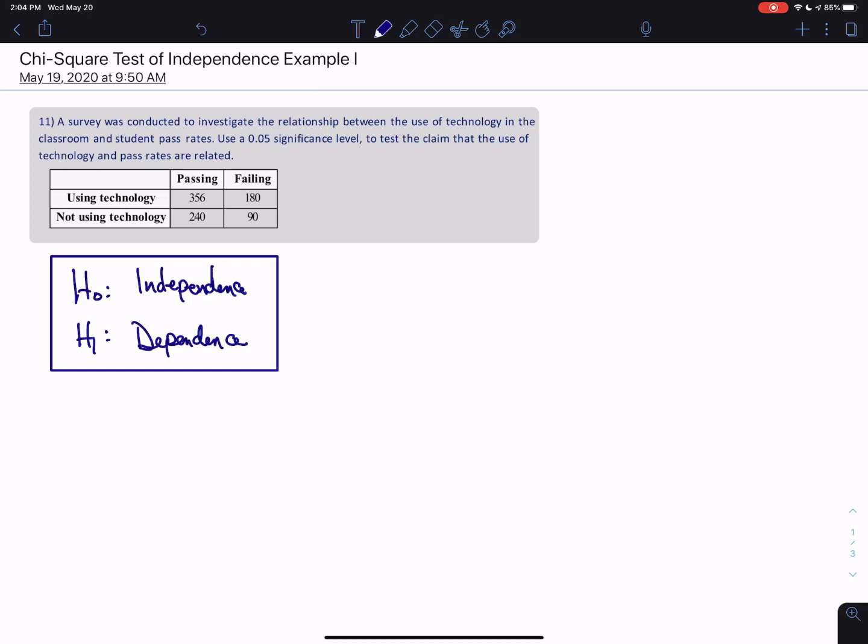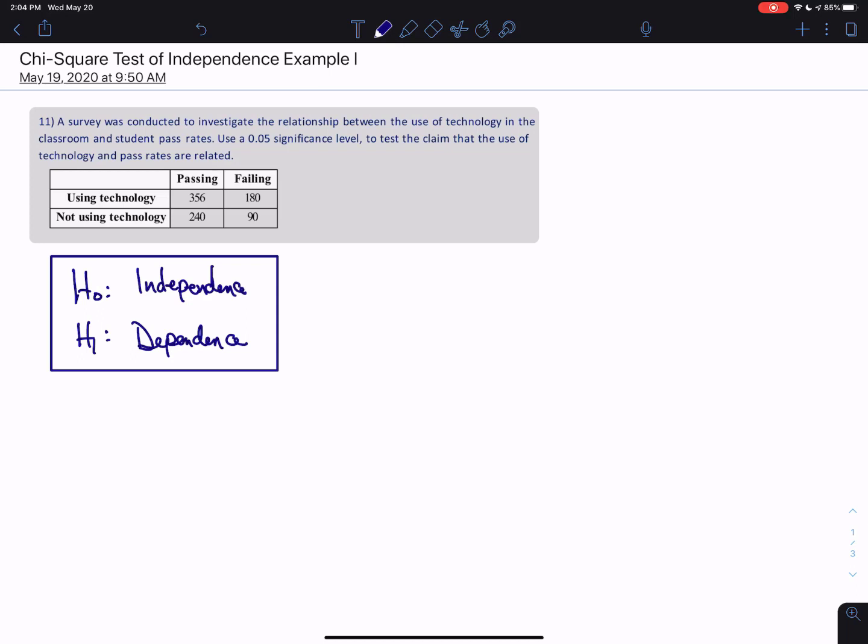Now, from my personal opinion, looking at technology, not use of technology, passing, failing, at this point I kind of realize I could predict that I'm going to have to reject the null hypothesis. First of all, this is a dependence-independence problem, because it's testing the claim that the use of technology and pass rates are related or not.